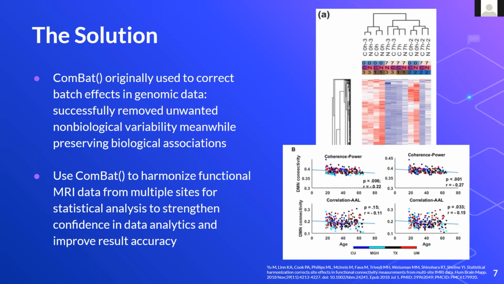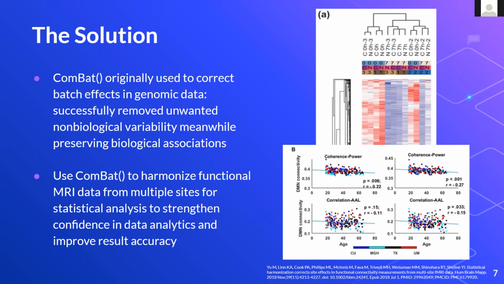So in order to combat that, they decided to build a harmonization function that helps reduce the variability between different studies. The key part of this is that they wanted a function that maintained the relevant biological data, as well as increased the actual strength of those correlations. In our paper, which was the motivation for this, by Yu and Lee in 2018, they were looking at the negative correlation between brain connectivity and age.